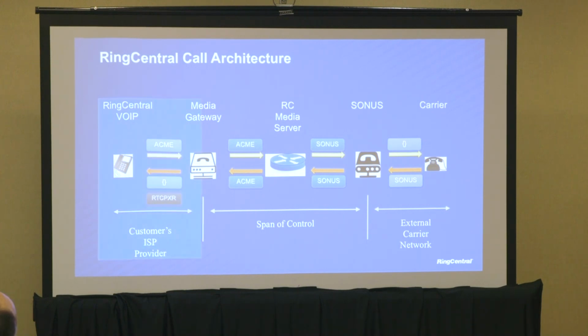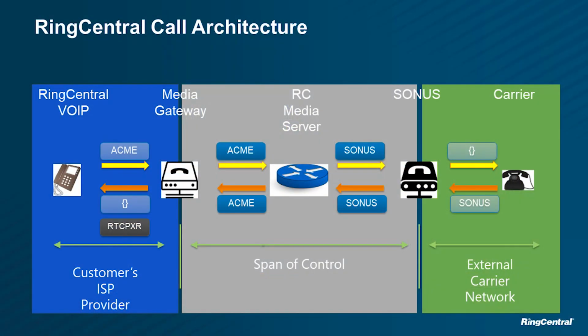And that is the customer's ISP provider. And you'll see here we have what's called a media gateway, right? And that media gateway really kind of separates us from the internet, but it also keeps track of all the calls as they're going through it. And we get a lot of data off those media gateways.